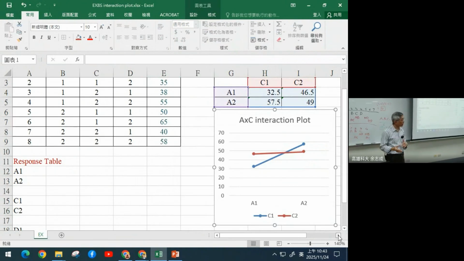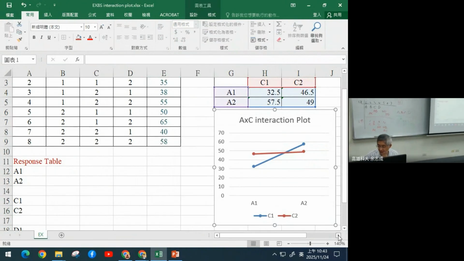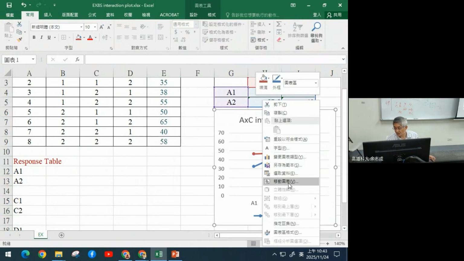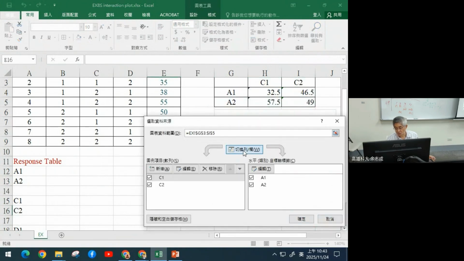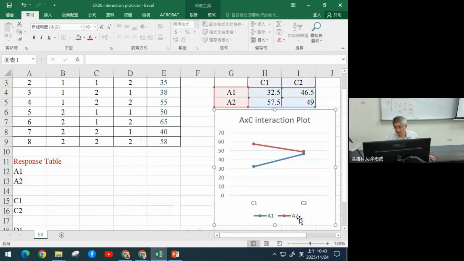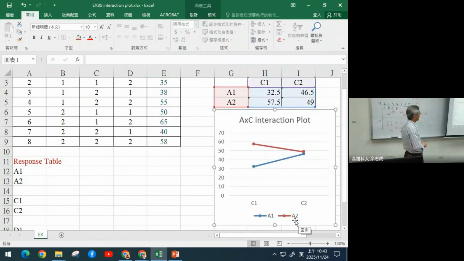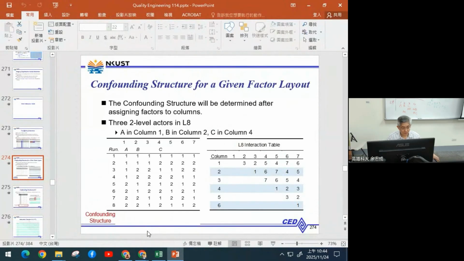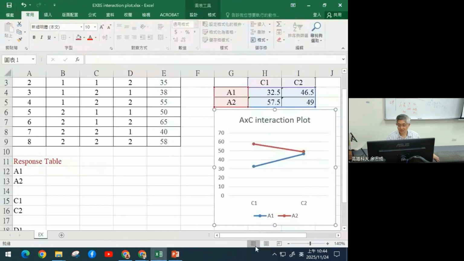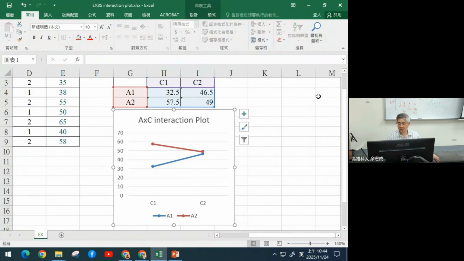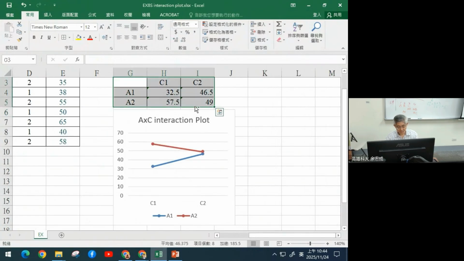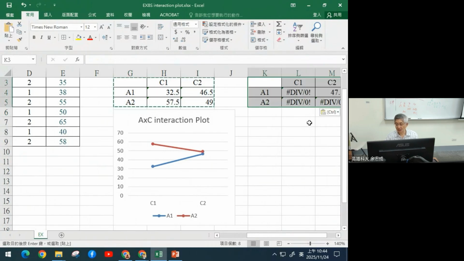This is how you change it. You can change it back. Let me do that again: selection of data, click switch column and row. Then you can change it back. Any questions? Before I continue, I want you to practice again by yourself by working out the interaction plot of A and D.